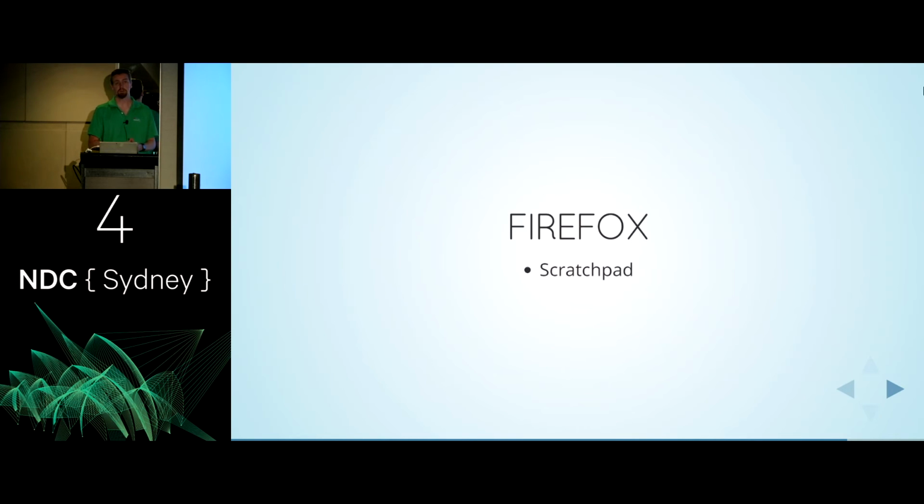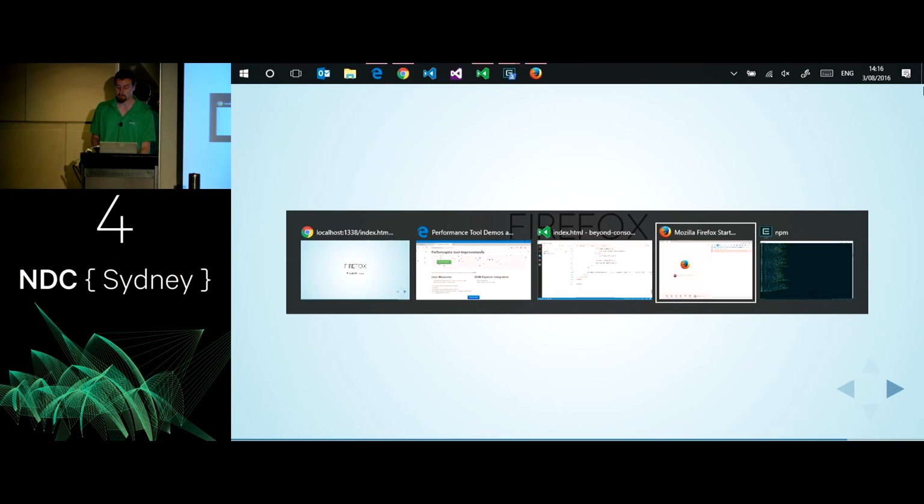So say you've got a chunk of code and you just want to see how it runs, execute it, see what happens, interact with a page, or just test something out. Firefox has this feature called a scratchpad. So rather than trying to do this multi-line in one tiny little line inside the console window, as you would in Chrome or Edge, Firefox gives us a lovely big editor for that.